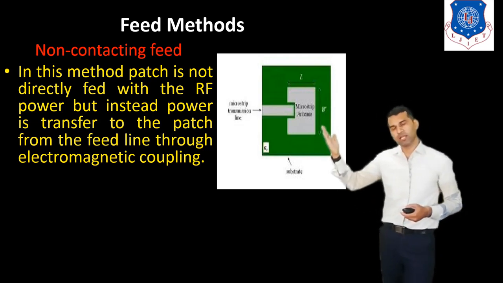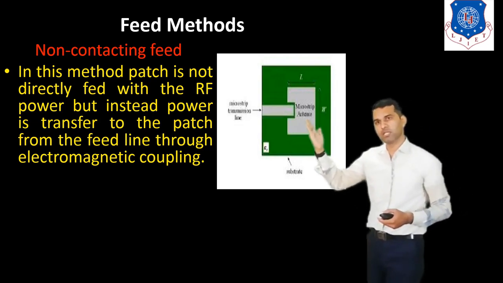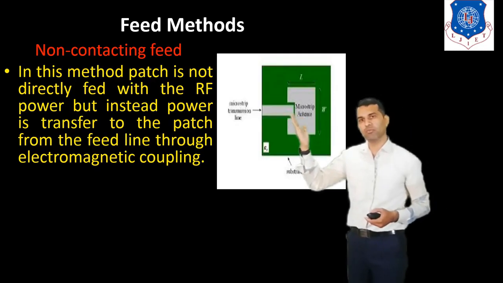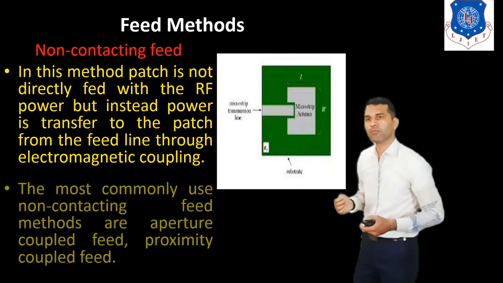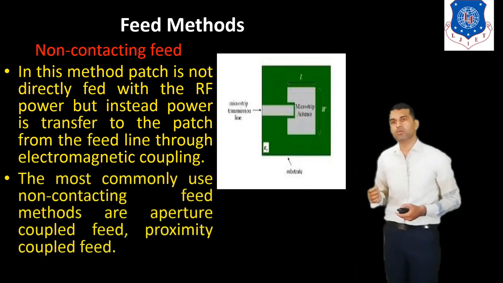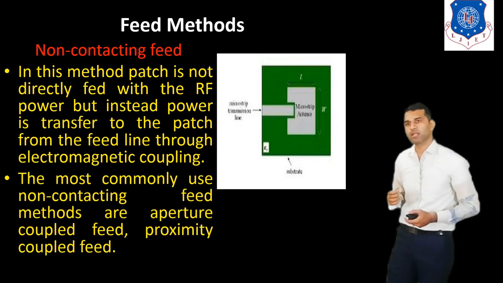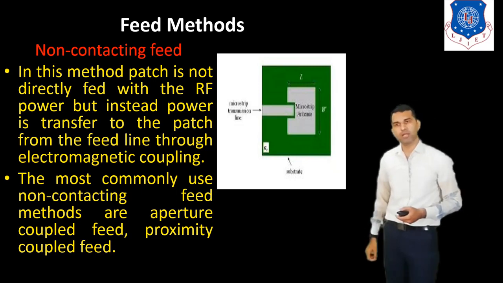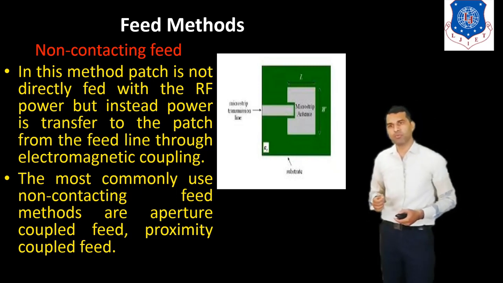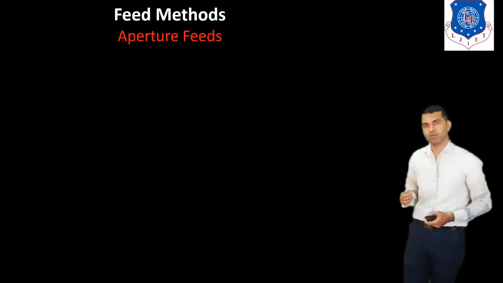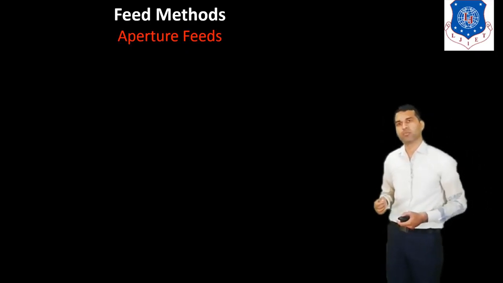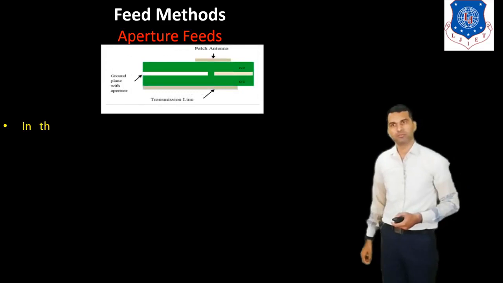Here in this figure, we can see this strip line is not connected with this microstrip patch. The most commonly used non-contacting feed methods are aperture coupled feed and proximity coupled feed. We discuss first the aperture coupled feed.